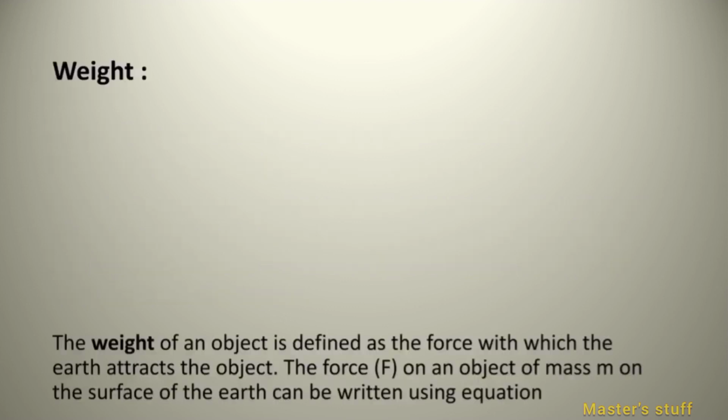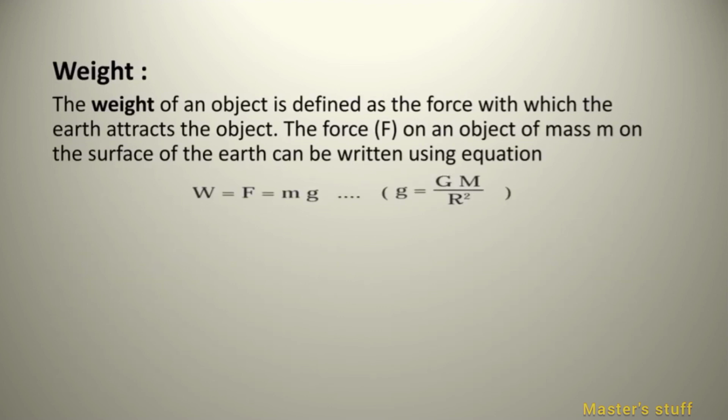Weight. The weight of an object is defined as the force with which the Earth attracts the object. The force on an object of mass m on the surface of the Earth can be written by using the equation W = F = mg, where small g = GM/R².